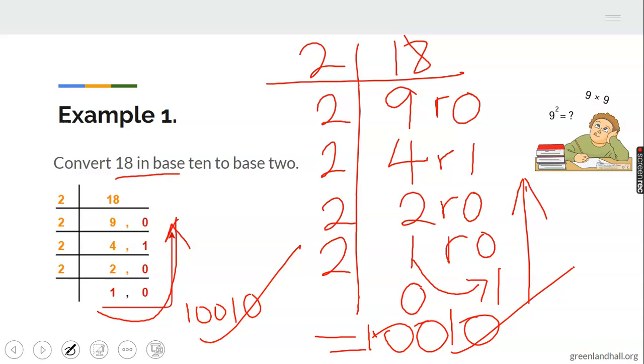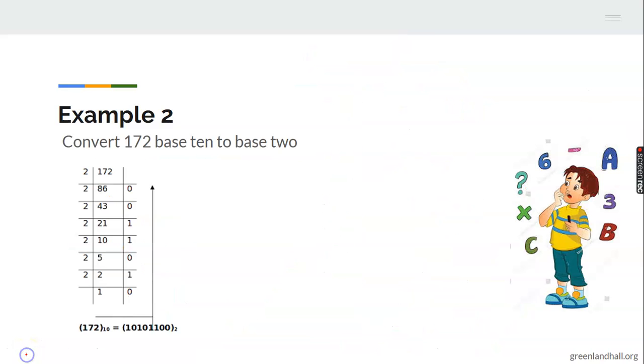Then we went again, 2 in 9, that's 4, remainder 1. 2 in 4, that's 2, remainder 0. 2 in 2, that's 1, remainder 0. 2 in 1, always remember at the point you get to this part, 2 in 1, you have to put down 0 and take the 1 to the other side. Then you read your answer from bottom to the top. And that's your final answer. So as you can see, we got the same answer as in the example.